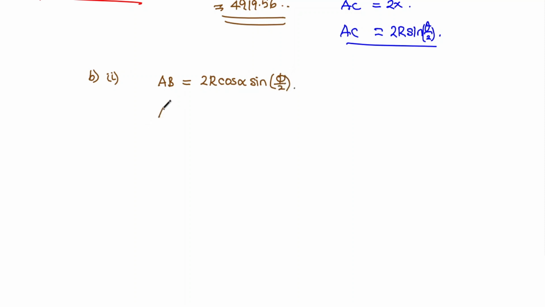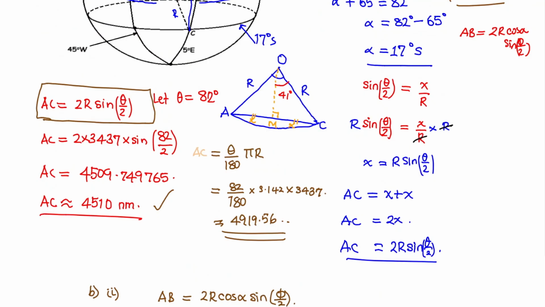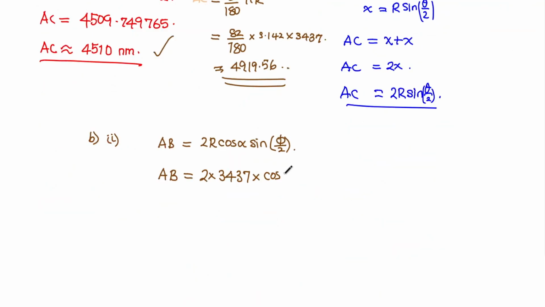Now we can make the substitution. Our AB is equivalent to twice the value for R, which is 3,437 nautical miles, times cosine of alpha, and alpha was 17 degrees. So we have 17 degrees times sine.